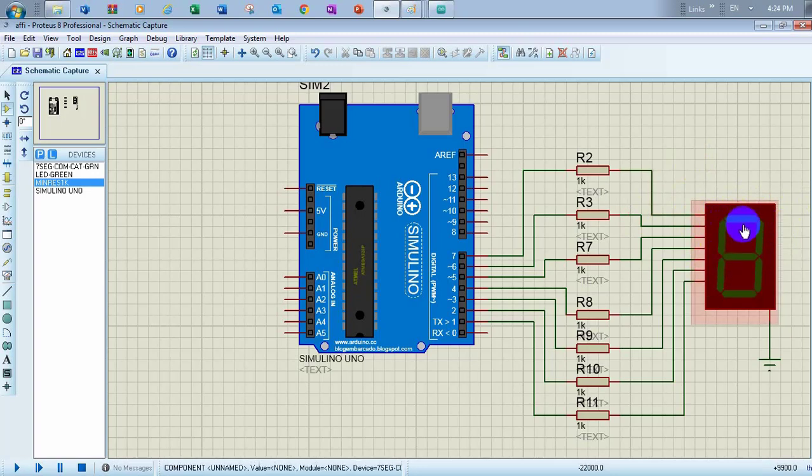So this Arduino sends a signal to this component to light up or turn off.